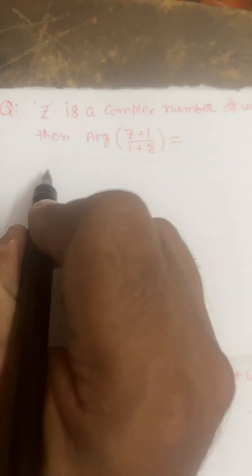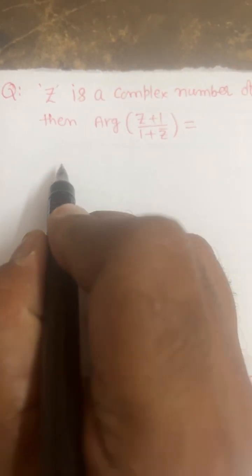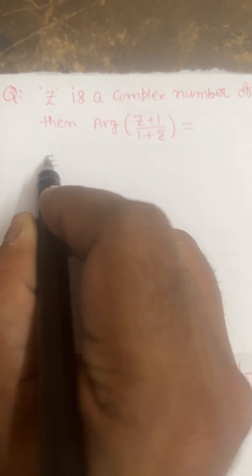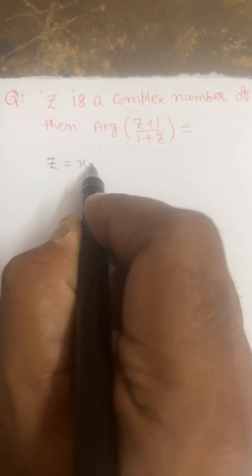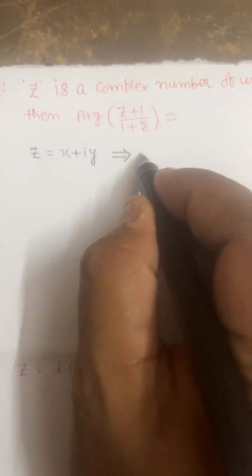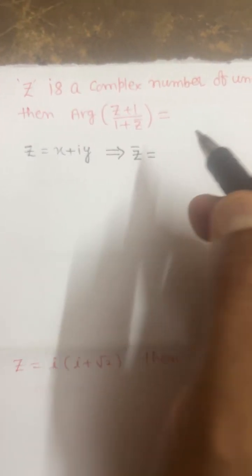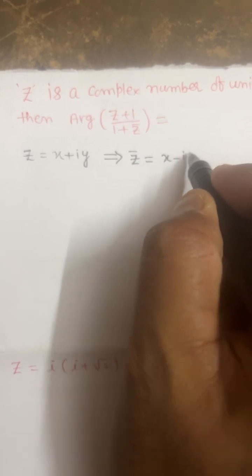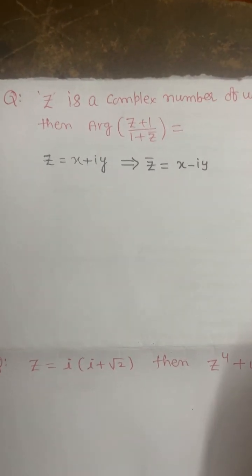So first what we have to do is, Z is equal to x plus iy, so that implies Z bar, the complex conjugate, is x minus iy.